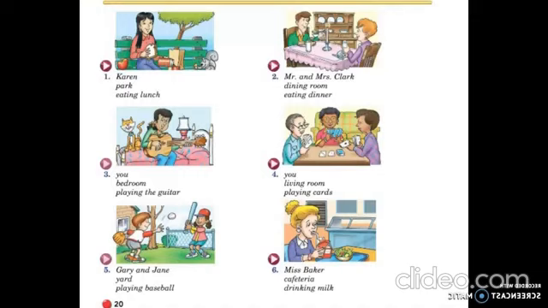You will hear the correct line after you speak. 1. We'll begin. Where's Karen? She's in the park. What's she doing? She's eating lunch. 2.